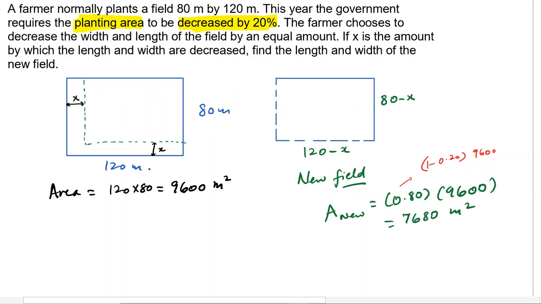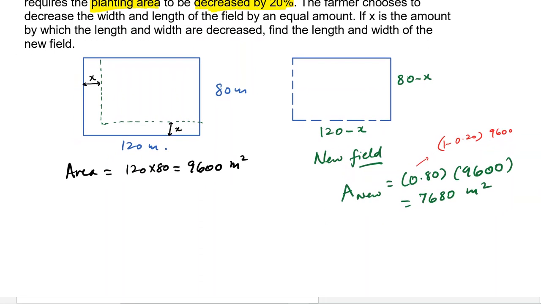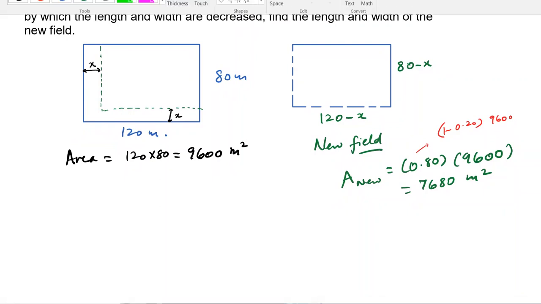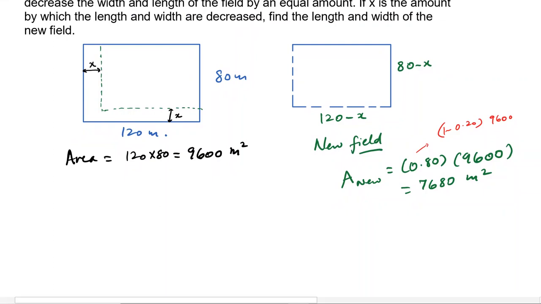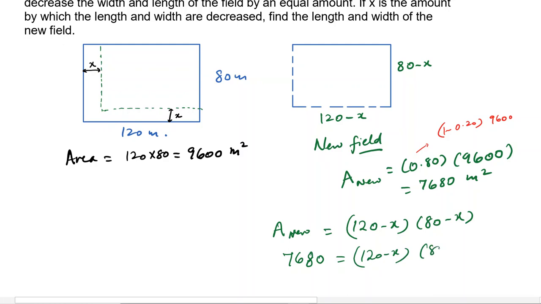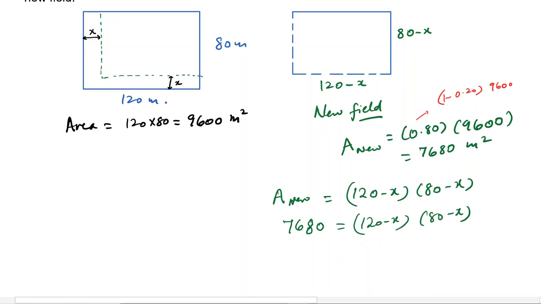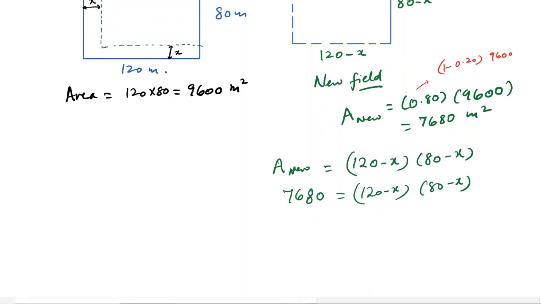And also if we think about area, we know that the area of the field is also given by length times width, and this quantity is 7,680. This equals 120 minus x times 80 minus x, and we can expand it using the FOIL method.